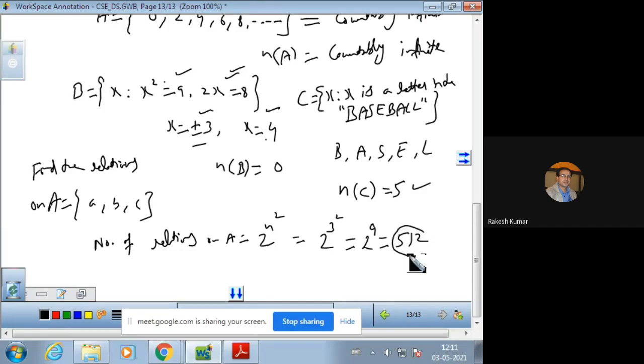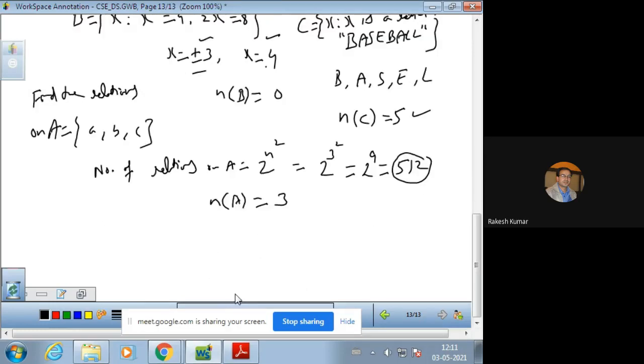So 512 is the cardinality of the set of relations. It is not the cardinality of the set A, the cardinality of A is 3, but the cardinality of the number of relations is 512. So this is the meaning of cardinality.